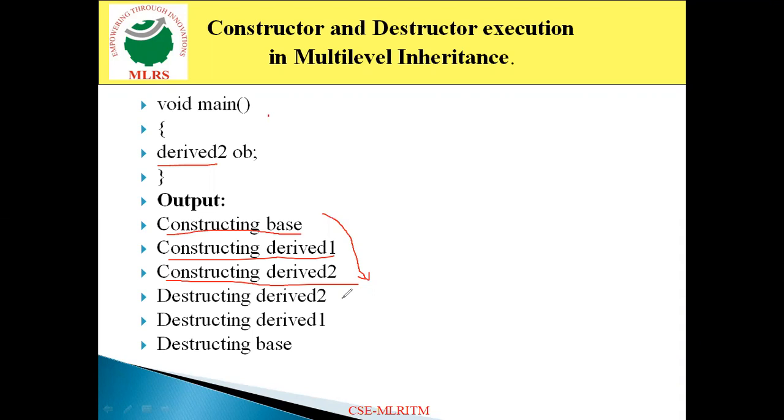Destructors run in reverse order. First it executes the latest derived class destructor, that is Derived2. Then it executes the Derived1 destructor, and at last it executes the base class destructor. So this is the way constructors and destructors execute.